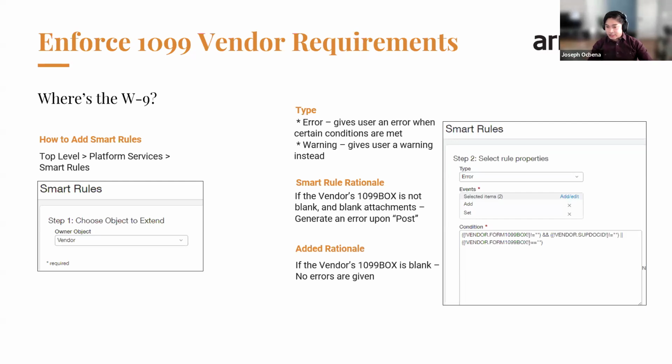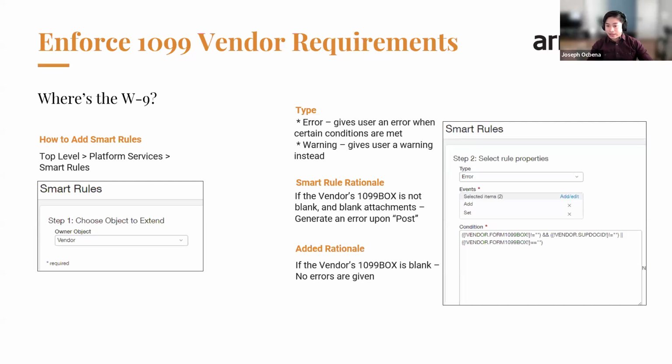Okay. The condition in there, there's a bit of code, but if you follow me closely, what this is basically saying is if the vendor's 1099 box is not blank and there's no attachment, Intacct will generate an error upon posting. We want to have an added rationale in there, only because we don't want this to run for any non-1099able vendors.